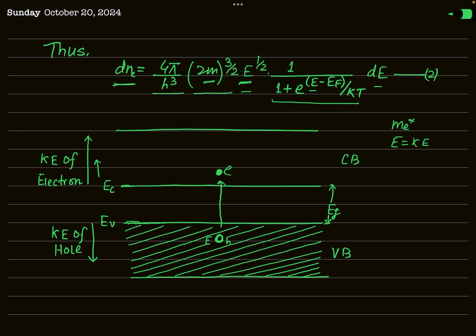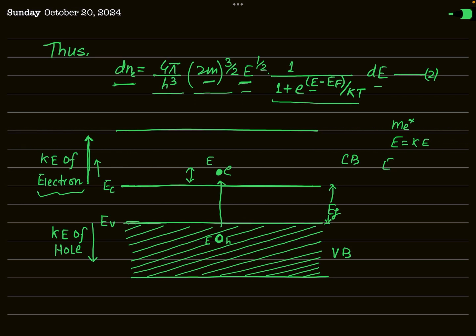And you can see in the conduction band, the lowest value of energy of the electron is E_C. If you are talking about an electron like this, which I have shown here, and its total energy is E, then E minus E_C, that is this much, will be the measure of kinetic energy. As you can see, I have mentioned it here, that in this upward direction we note the kinetic energy.